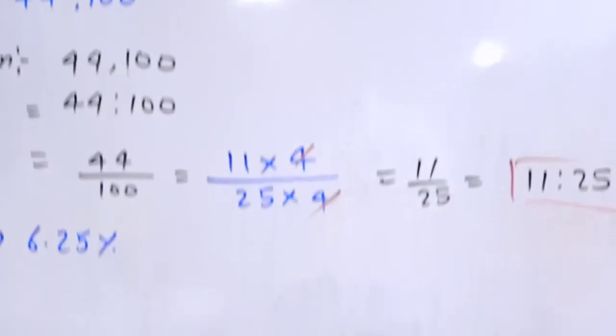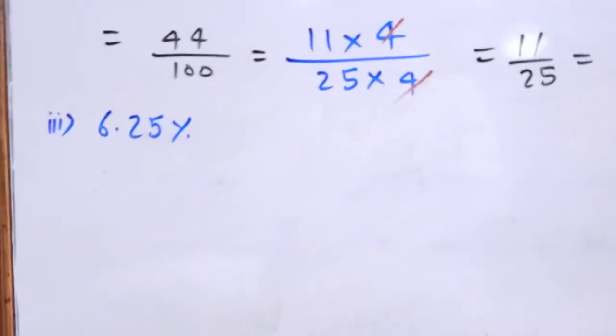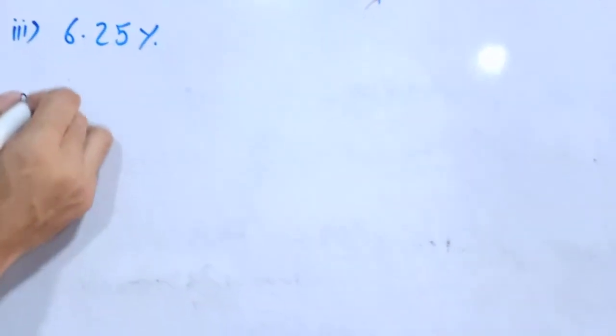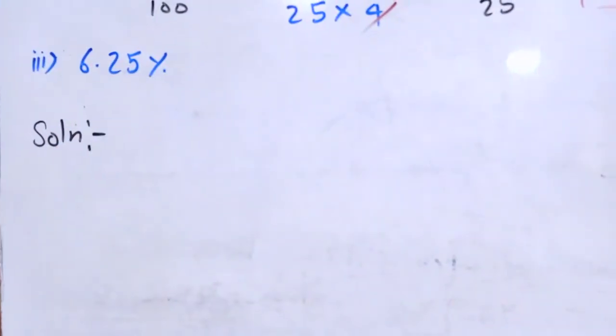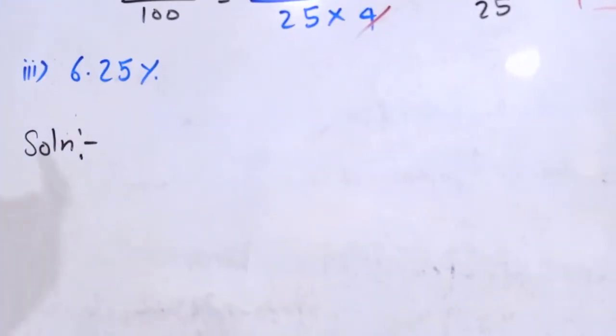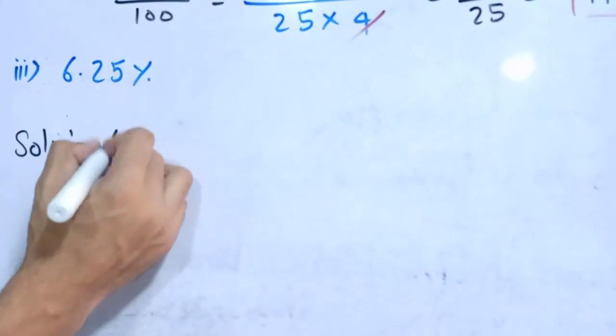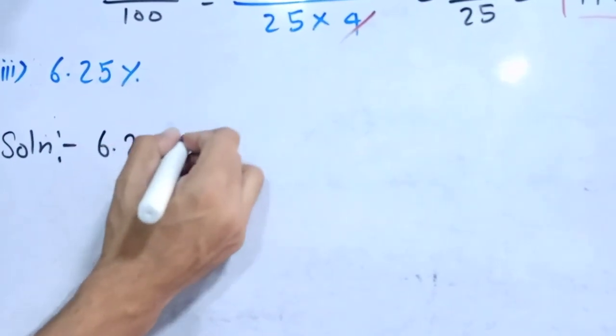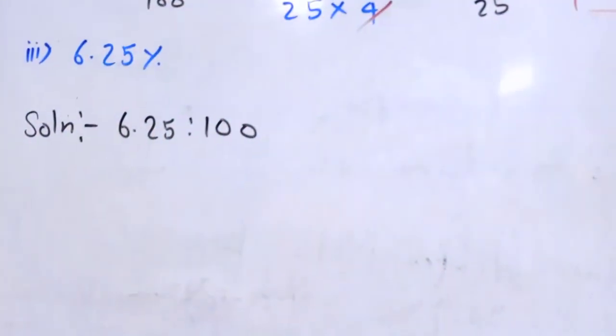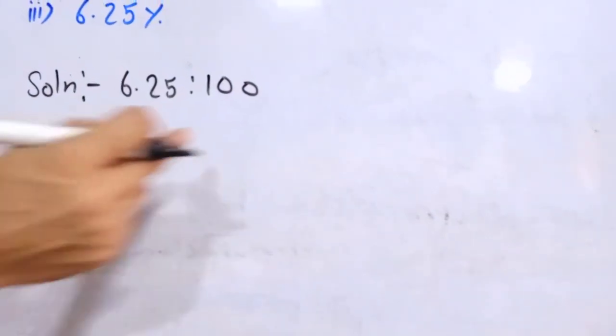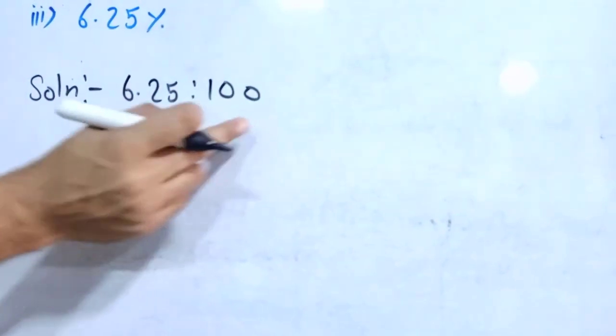The third one is a little different, nothing difficult to solve. We have 6.25 percentage. As we learned, 6.25 percentage means we can say 6.25 is to 100. As we learned in the property of the ratio, if the second term is 100, that means the percentage.